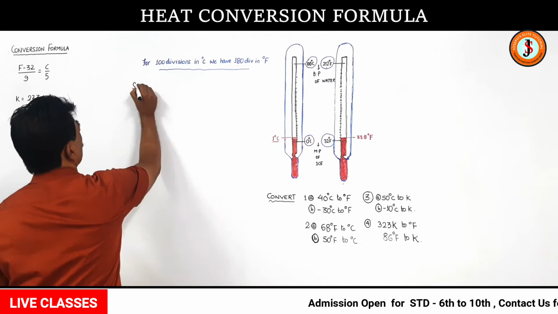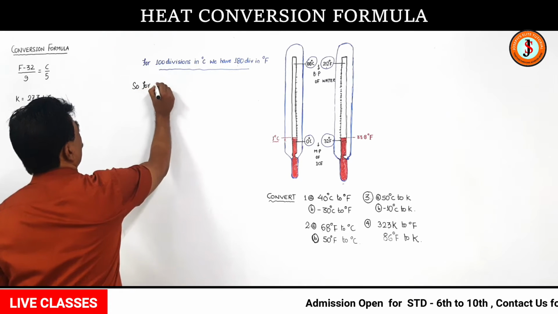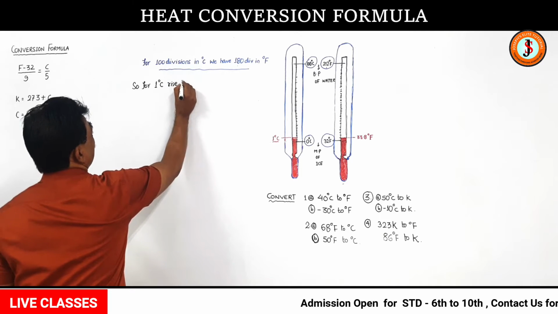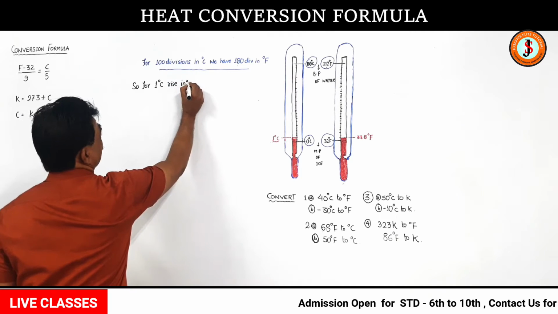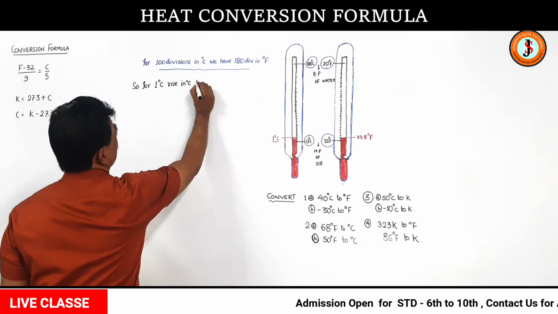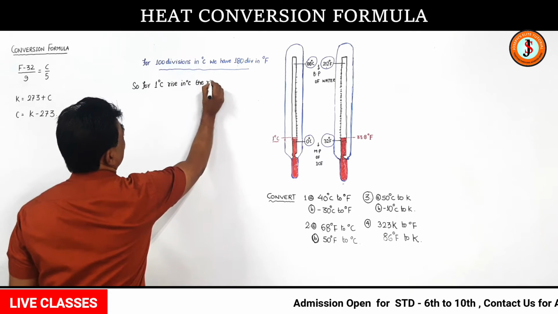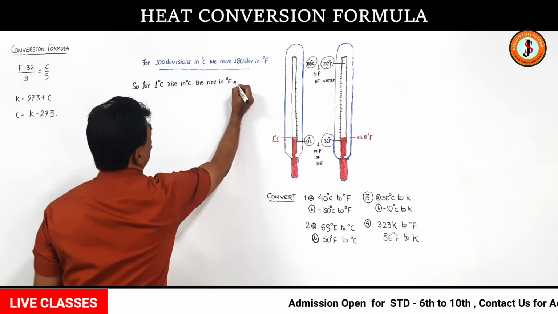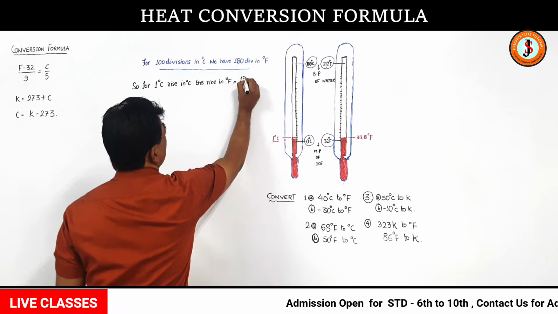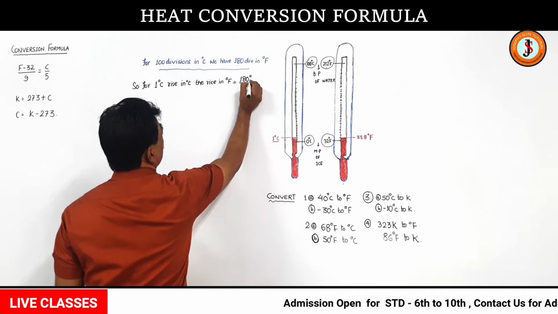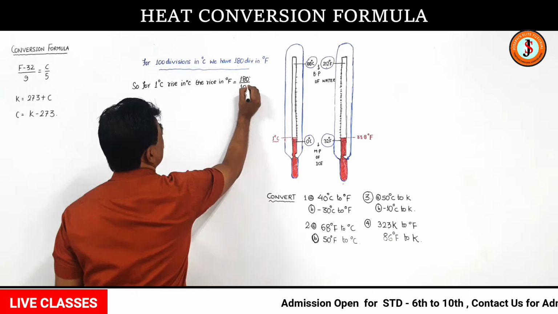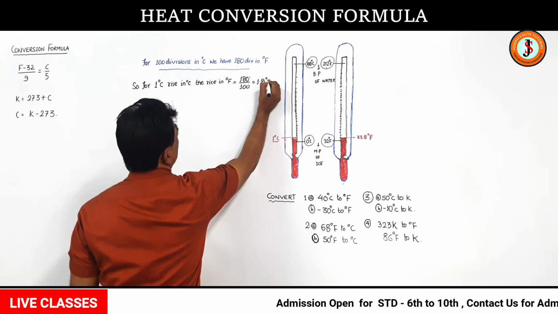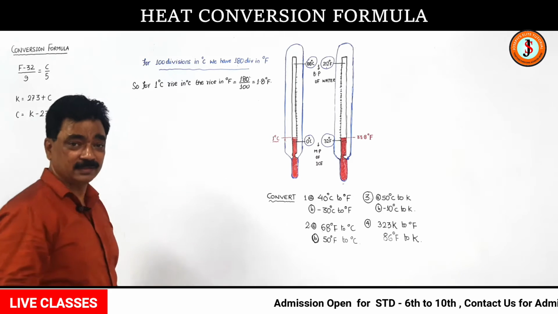So for a 1 degree centigrade rise, the rise in degree Fahrenheit will be equal to 180 divided by 100, that is 1.8 degree Fahrenheit, isn't it?